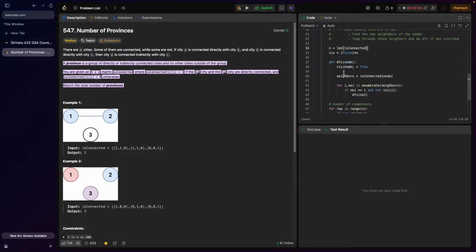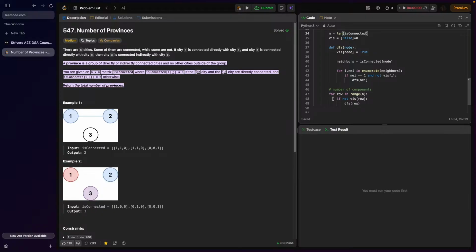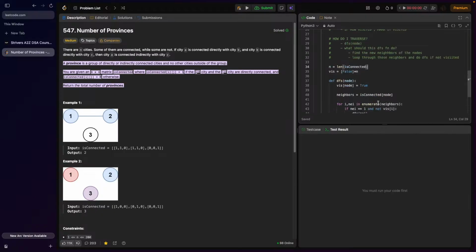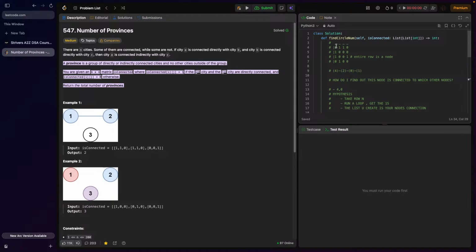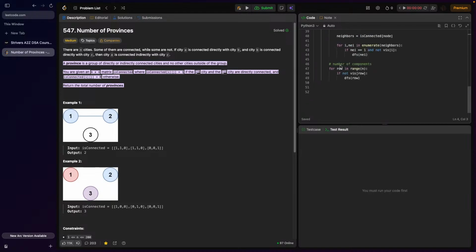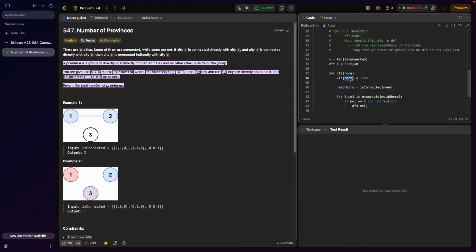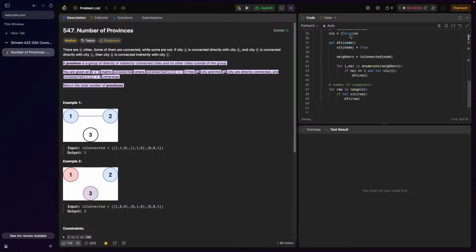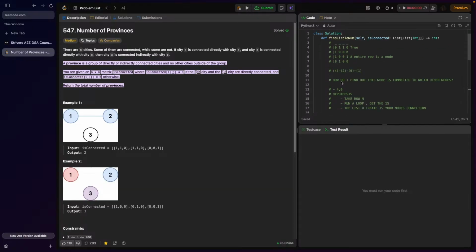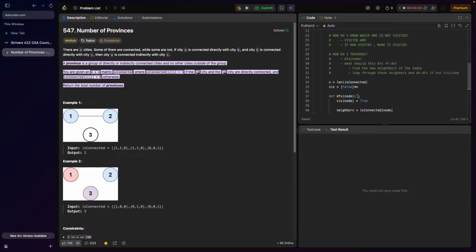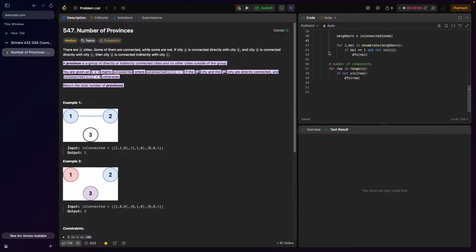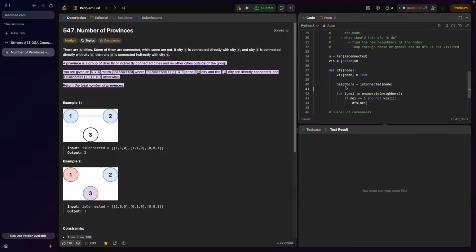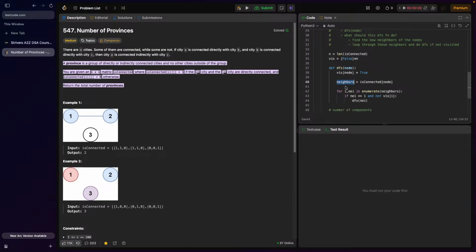And if length is connected, visited false of n, and then you do row 1, 2, 3, whatever. You start with this, for example. Is it visited? No. Put up a DFS. Now it's visited, so this becomes true. Now this is connected of node, and this entire thing goes into a single array. Now neighbors are nothing but that. You do enumerate of neighbors, so you have your index and neighbor.